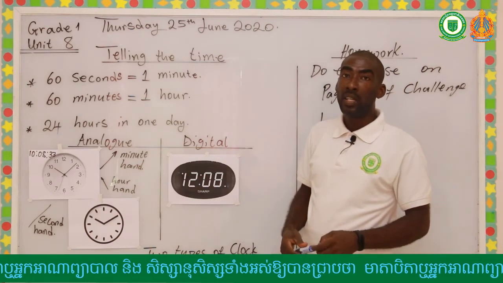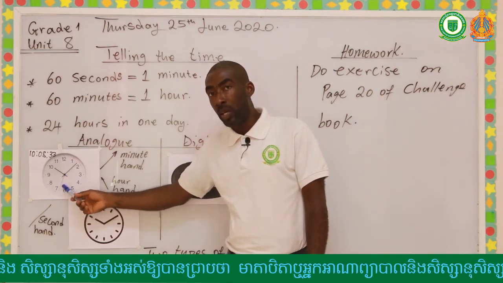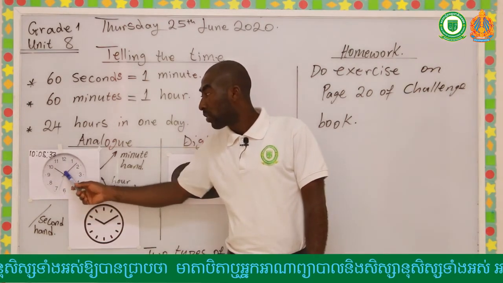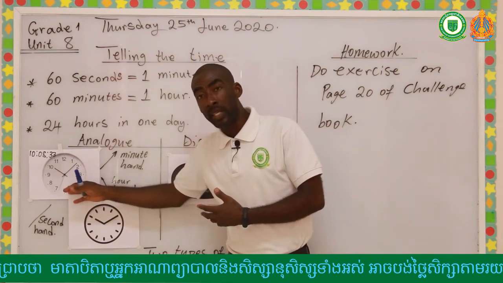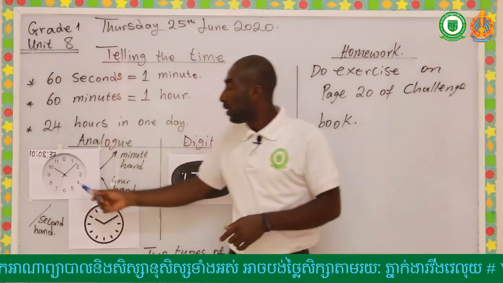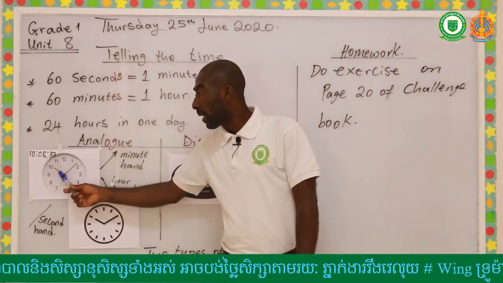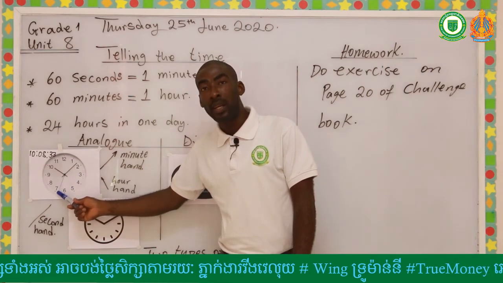In the case of the analog clock, it comes with some bars on it that help you to read the time. These are called the hour hand, the minute hand, and the second hand.